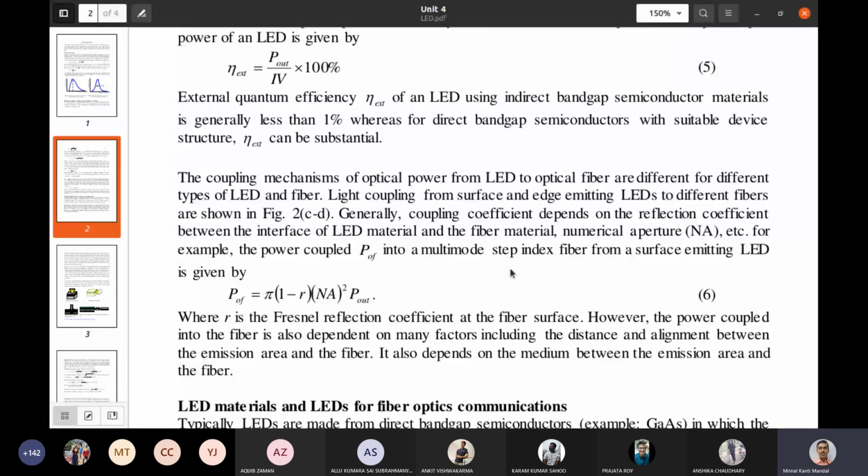The power coupled into a multimode step index fiber from a surface emitting LED, we can consider both surface emitting and edge emitting.